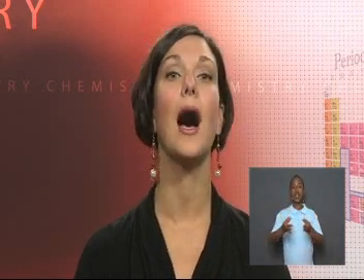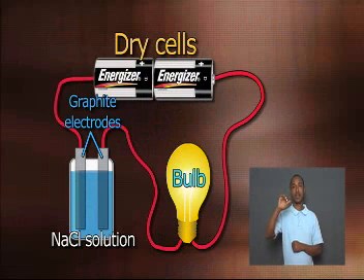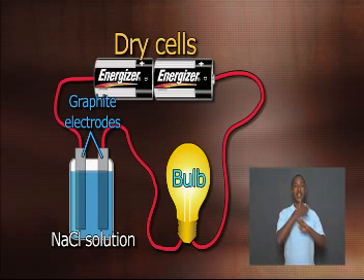This experiment will investigate the conductivity of some ionic compounds. To begin, some sodium chloride crystals are put into a beaker. Then, 2 electrodes that are made of either iron or graphite are placed into the same beaker.